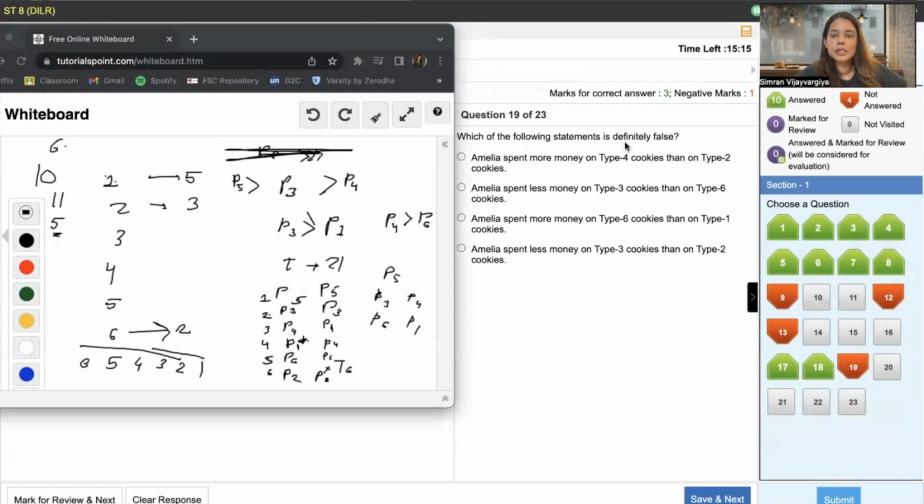Which of the statements is definitely false? Amelia spent more money on type 4 cookies than on type 2 cookies. Type 4 and type 2. So 2 is 3. This is not absolutely true.